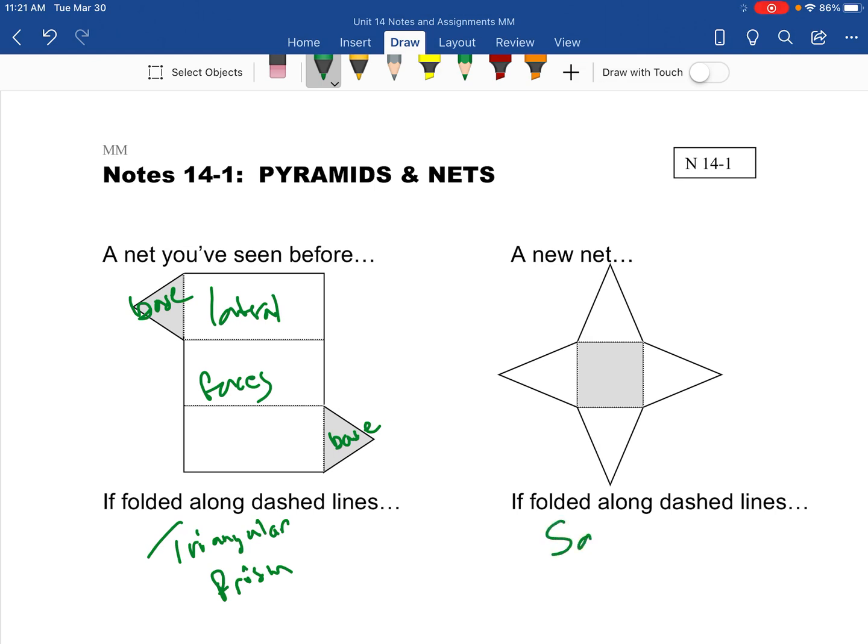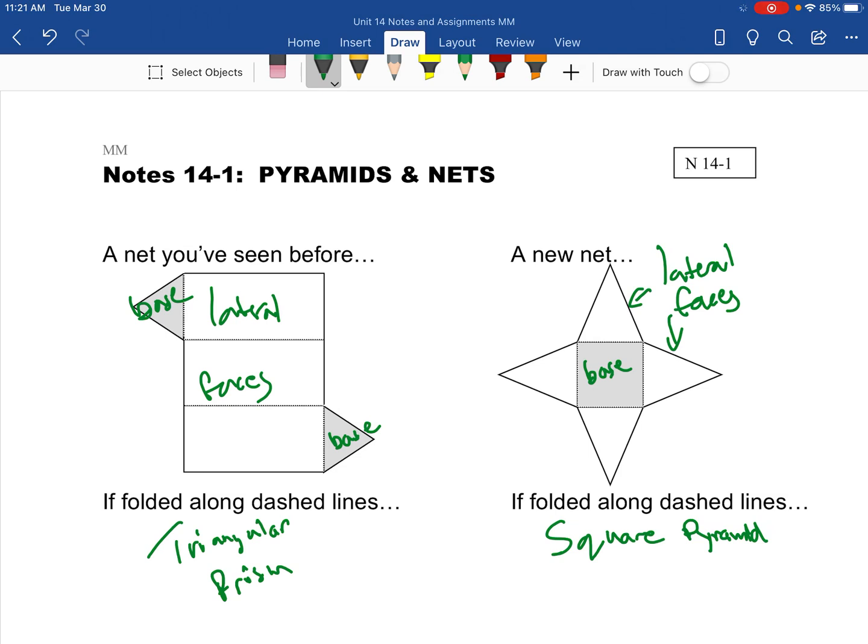This one is a net of a square pyramid. The base is the square, and that's how we name the pyramid. Notice that these lateral faces are now triangles. The lateral faces are our triangles.